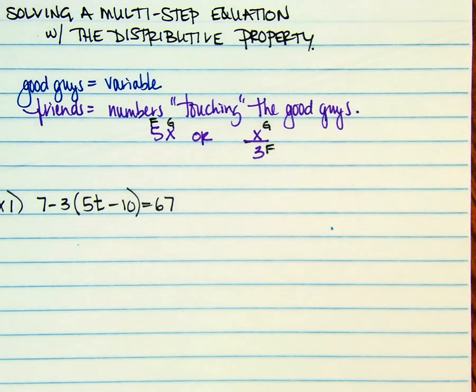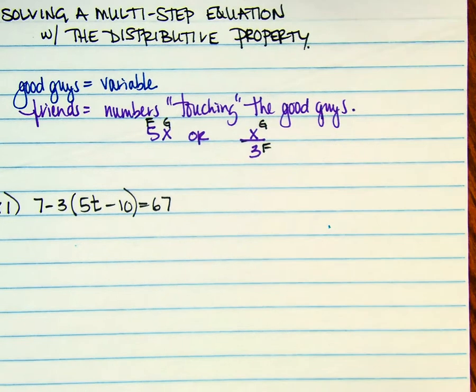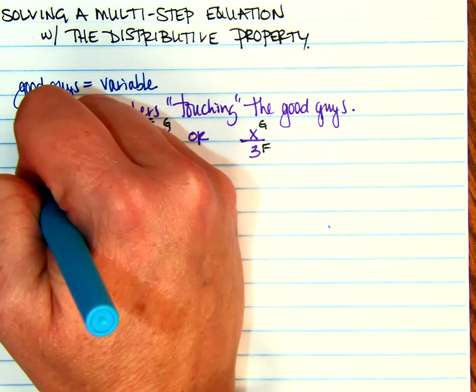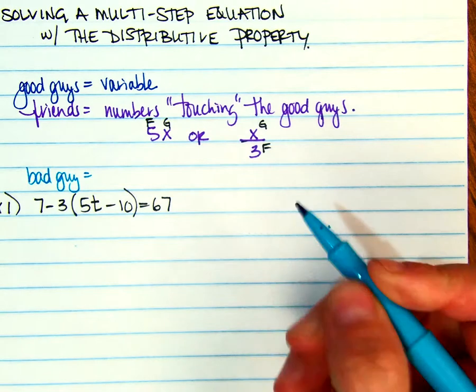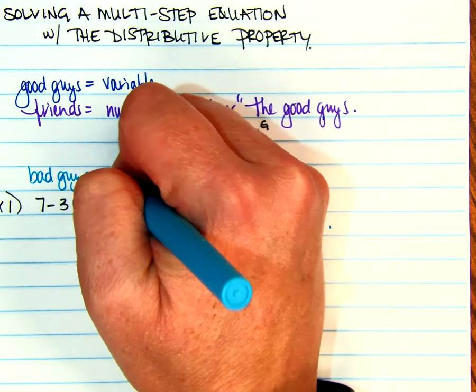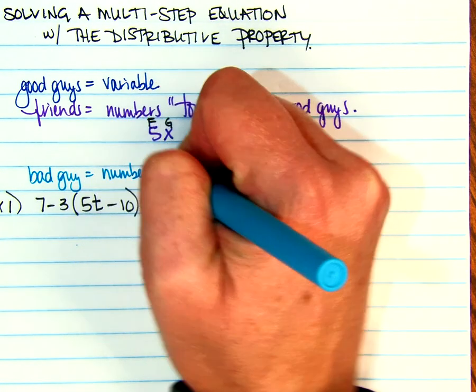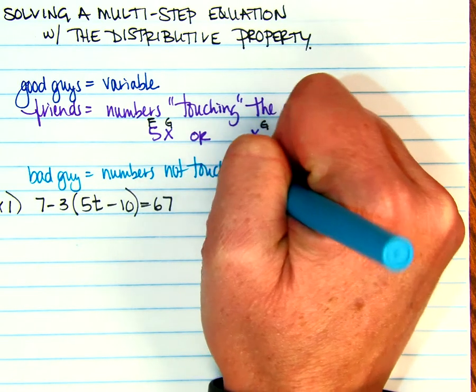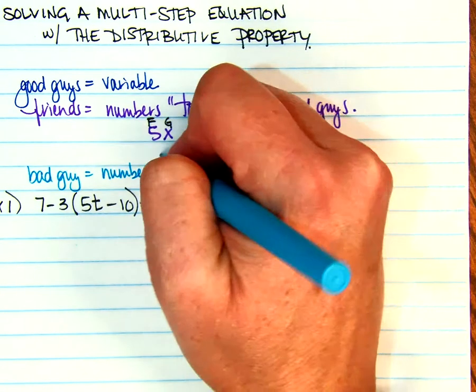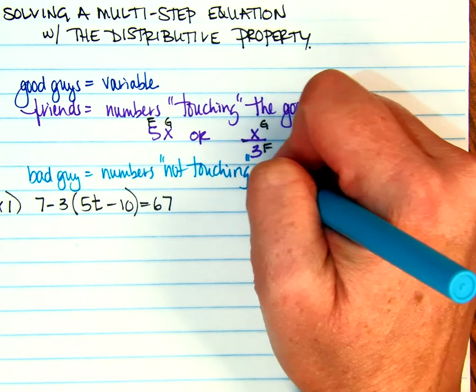And then we have the bad guy. The bad guys are the numbers not touching. In other words, they are just numbers, not touching the good guys.